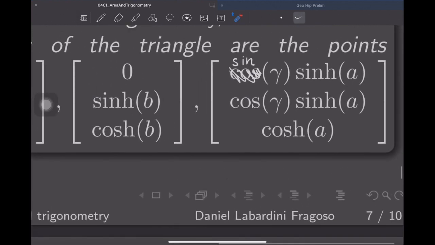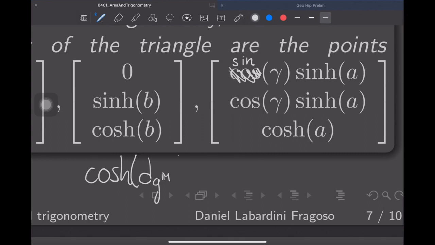So the hyperbolic cosine of the distance in the hyperboloid between these 2 points is equal to minus the Minkowski product.